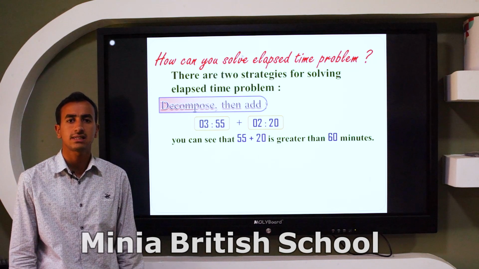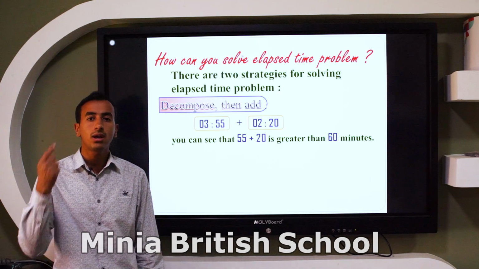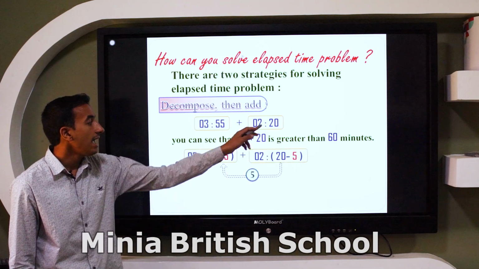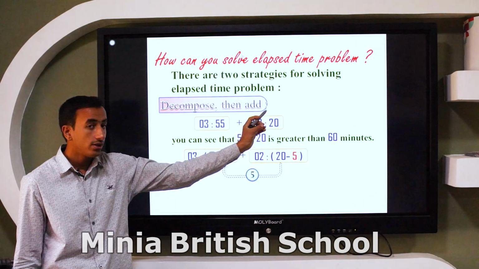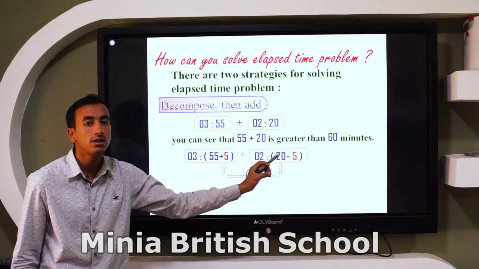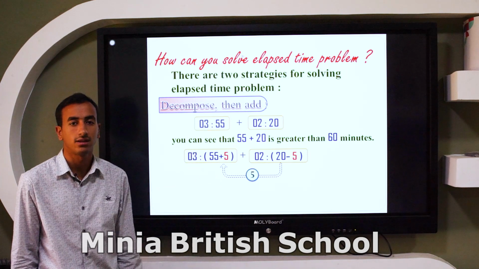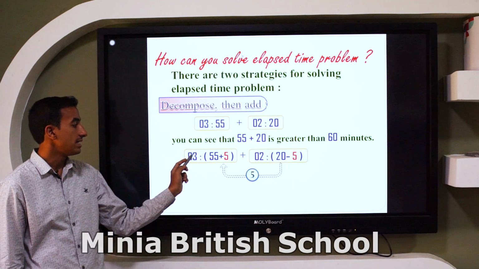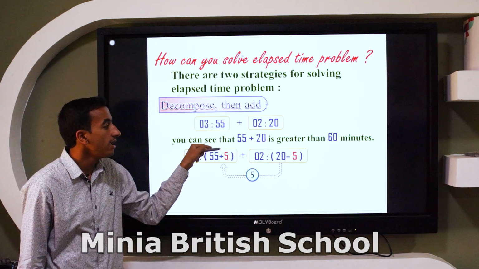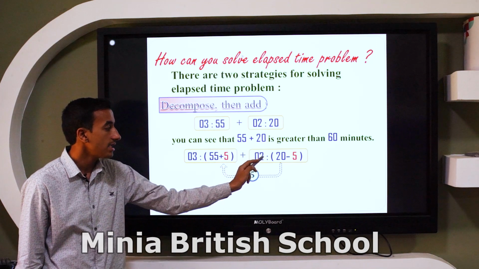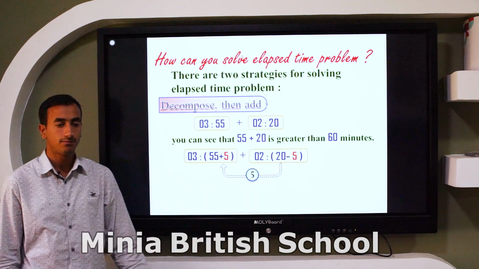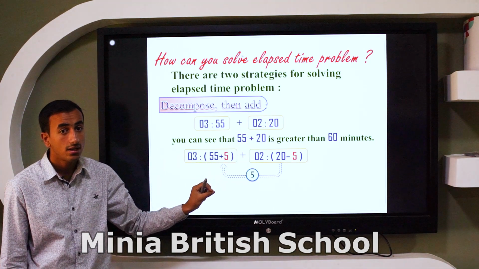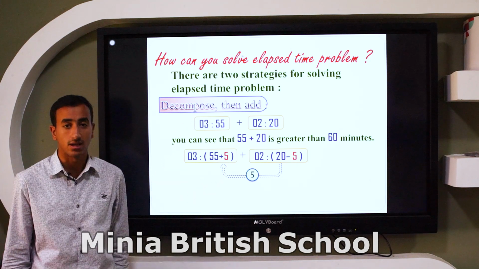It's greater than 60 minutes, but we know that 1 hour equals 60 minutes, so I can take 5 minutes from 20 and give it to 55 minutes to obtain 60 minutes. So here 3 and 55 plus 5, plus 2 hours and 20 minus 5 minutes. I can take 5 minutes from the second time and give it to the first time.